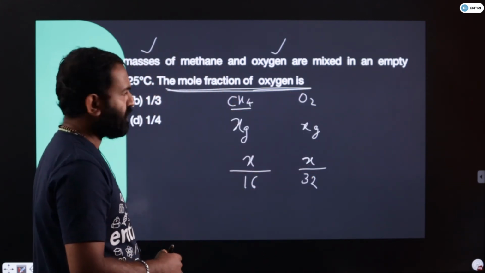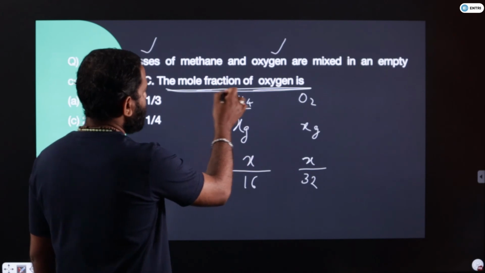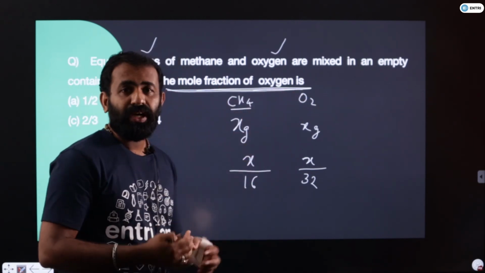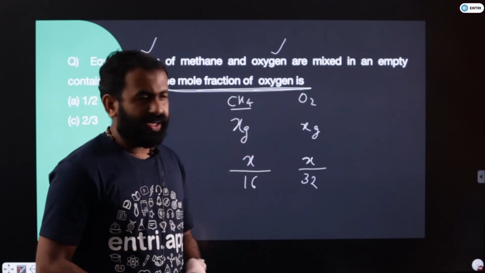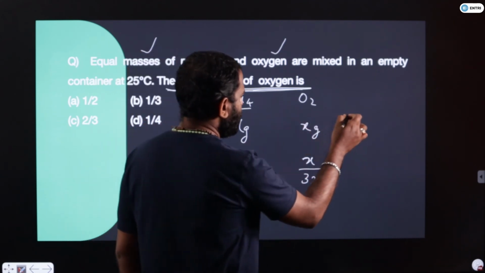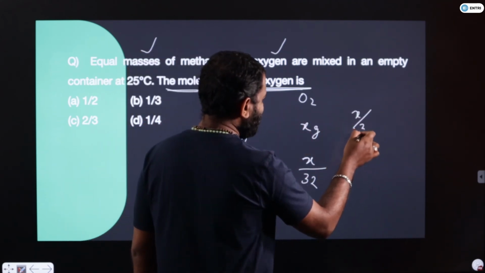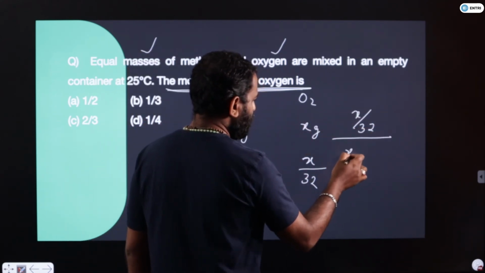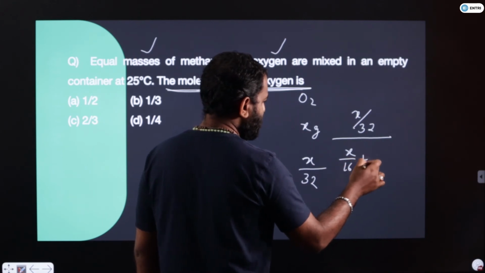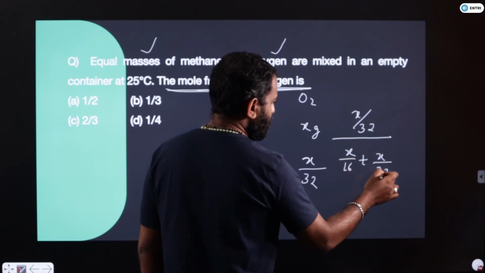The question is the mole fraction of oxygen. Mole fraction means individual number of moles divided by total number of moles. So the individual number of moles is x by 32, and the total number of moles is x by 16 plus x by 32.